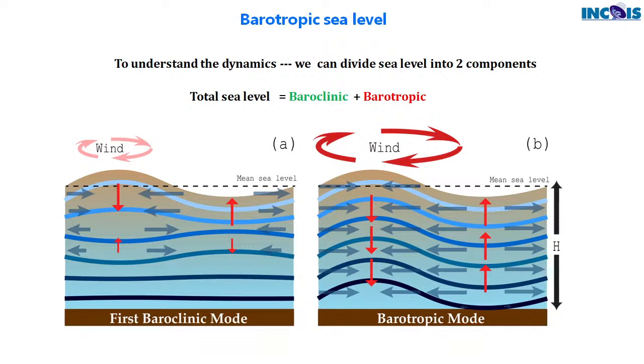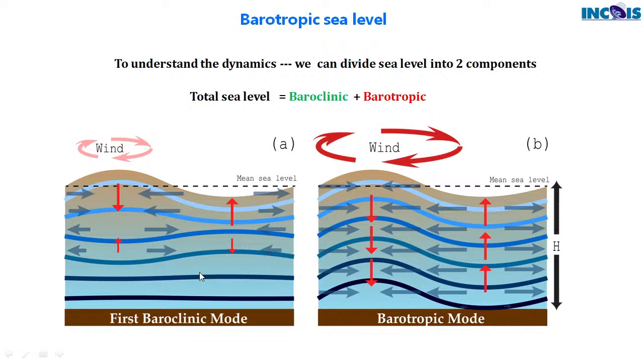On the left, when acted on by a wind force, the top two density layers move upward, whereas the rest of the layers move downward. This oscillation in the density layers creates depth-varying horizontal velocities, these blue arrows, eventually creating vertical velocity, the red arrow.